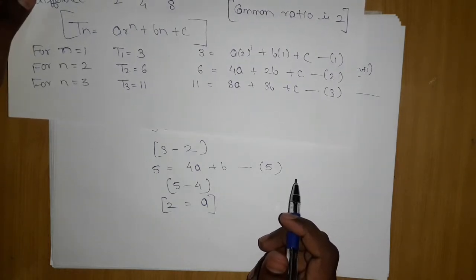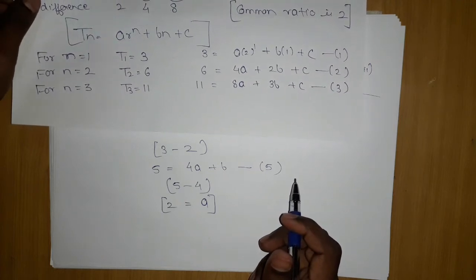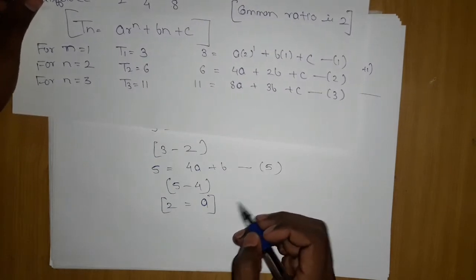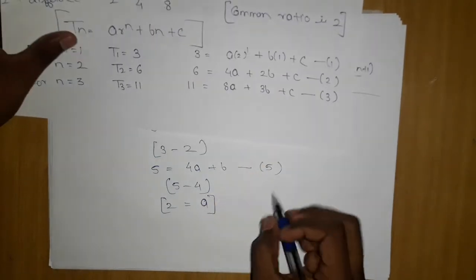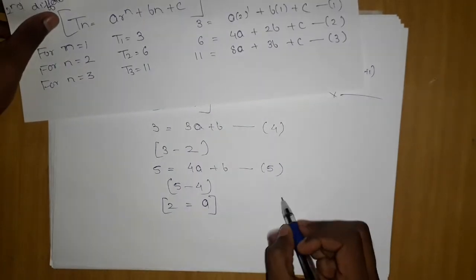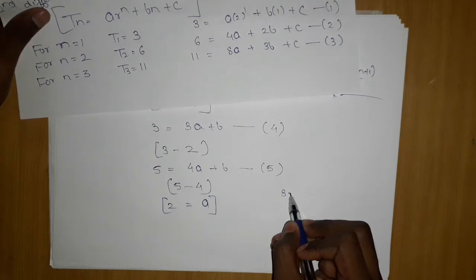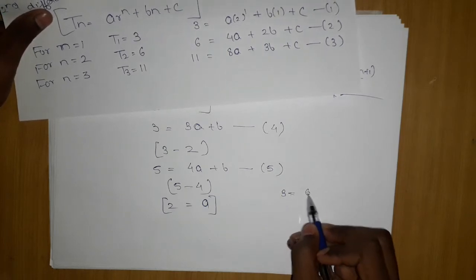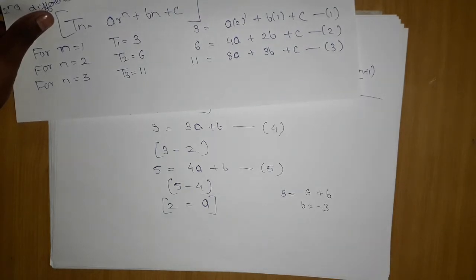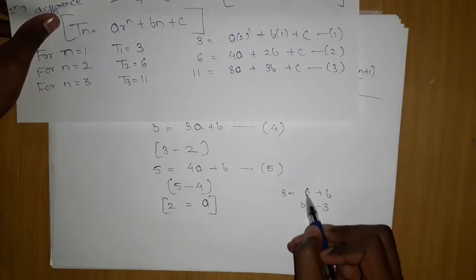Let's put the A value here and create some new equations. 3 = 6 + B, so B equals minus 3.